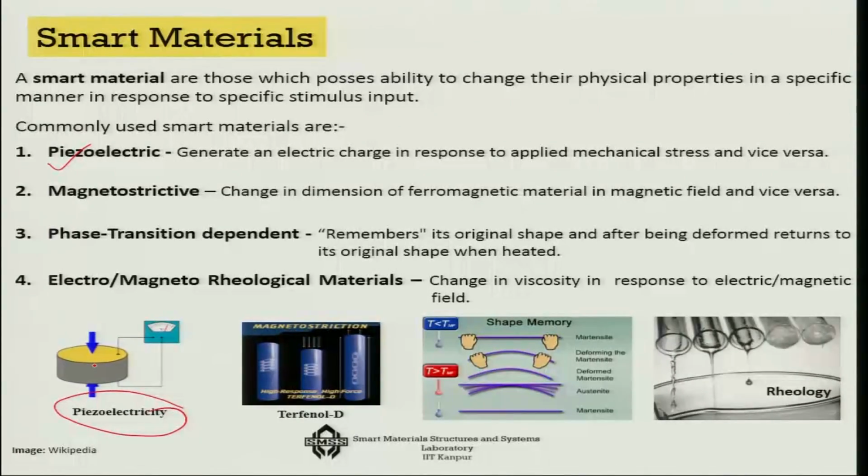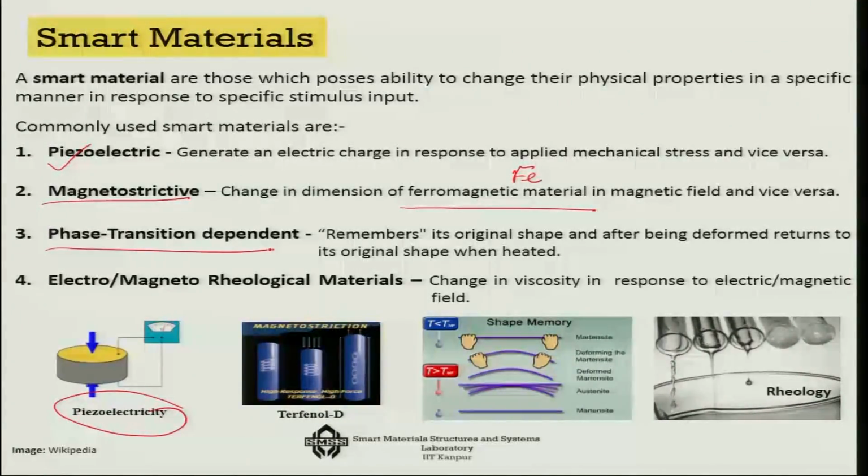A similar thing you will notice in the magnetostrictive material with the change of magnetic field. In fact, it was first noticed in ferromagnetic material like iron. Joule first noted that a change in the shape of a magnet happens with the change of the magnetic field, and that's magnetostriction.